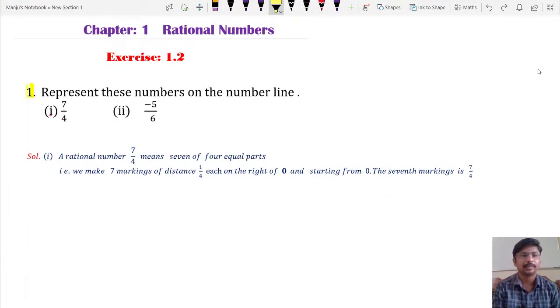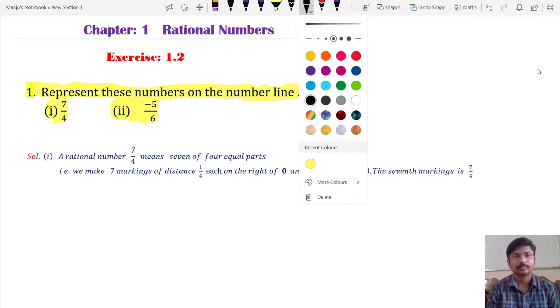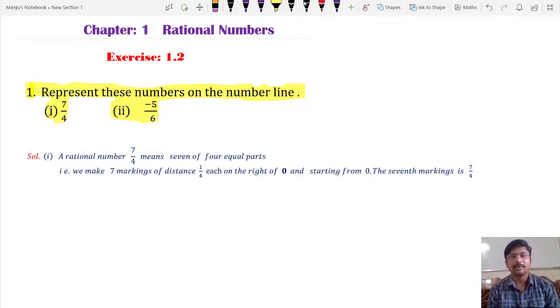First question: represent these numbers on the number line. First one is 7/4 and second one is minus 5/6. Solution. First one, a rational number 7/4 means 7 of 4 equal parts.